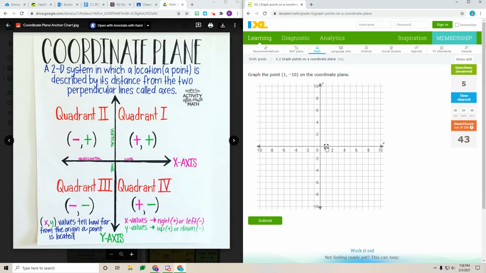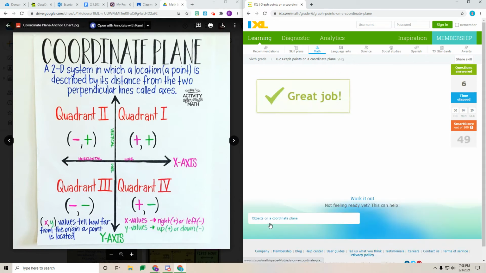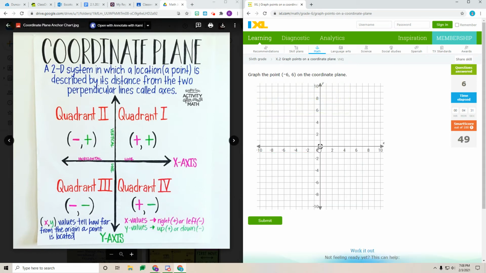And then negative 10, that tells me I'm going to go down 10 spaces, and there's where my dot should be. And notice it had a positive number, comma, a negative number. If you look back at my notes, quadrant 4, the first number should be positive and the second number should be negative. So that can also help you, again, make sure you're in the correct section at least of the coordinate plane.